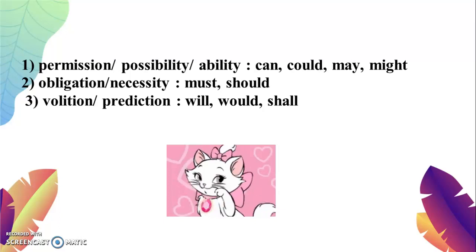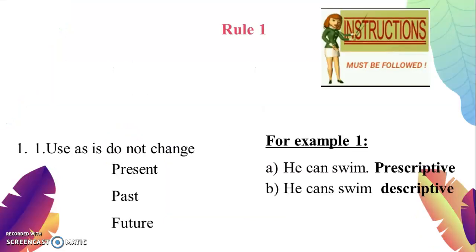Should indicates obligation and probability. You should come home early. Let us look at the rules that govern modal auxiliaries. Rule number 1: use as is, do not change. Whether it is in the present or the past or the future, you use the modal verbs as is.